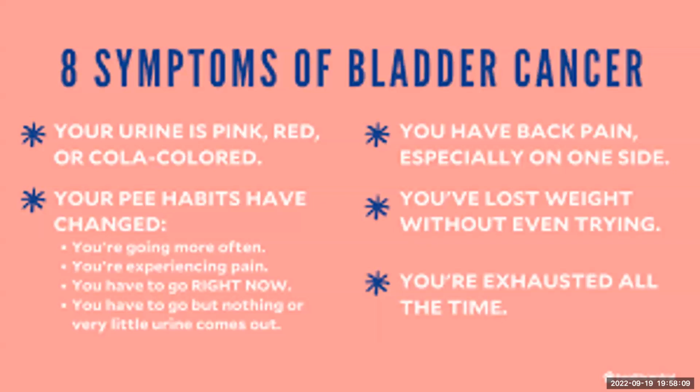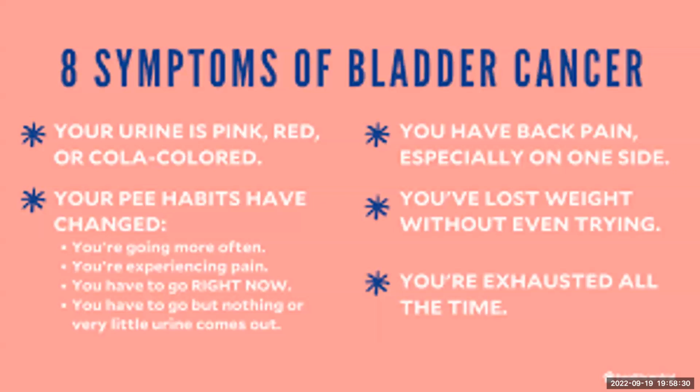So more often you have to go to the bathroom. Why? Since your bladder has an abnormal growth inside it. Once again, what is the epithelium that is lining the urinary bladder? Transitional epithelium. Good.